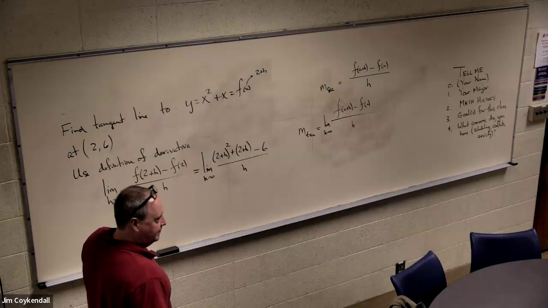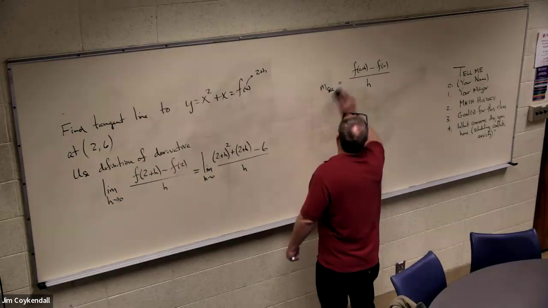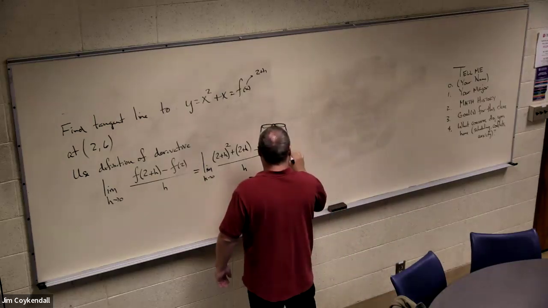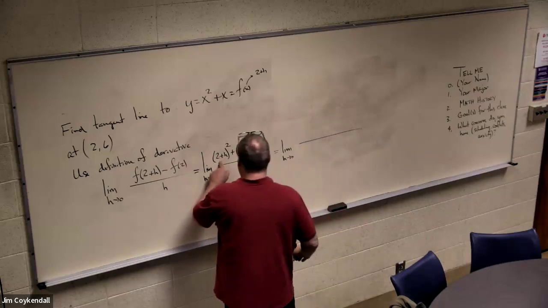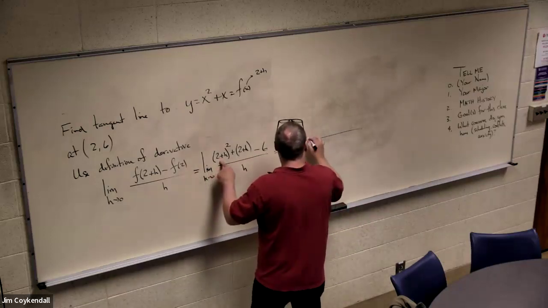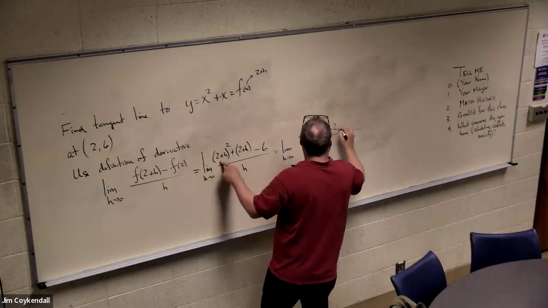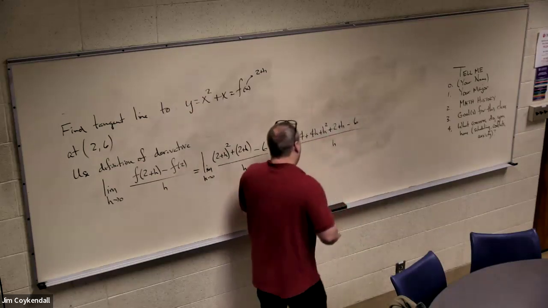And now we've got this mess to look at. But here's kind of a good thing. If I multiply this out, this becomes 4 plus 4h plus h squared plus 2 plus h minus 6.